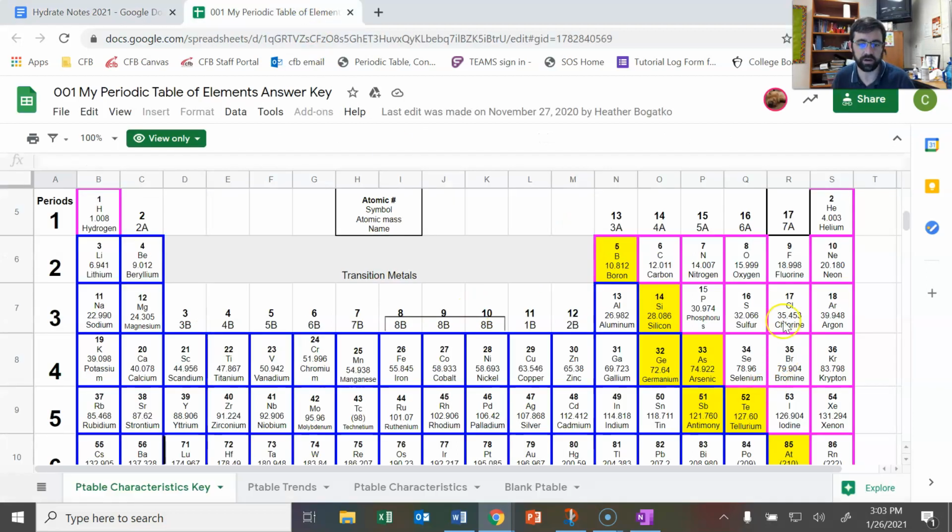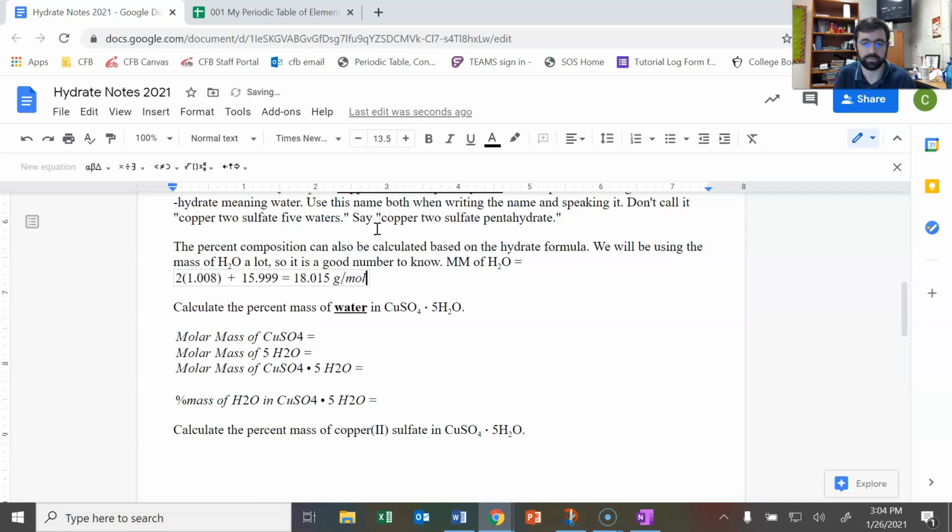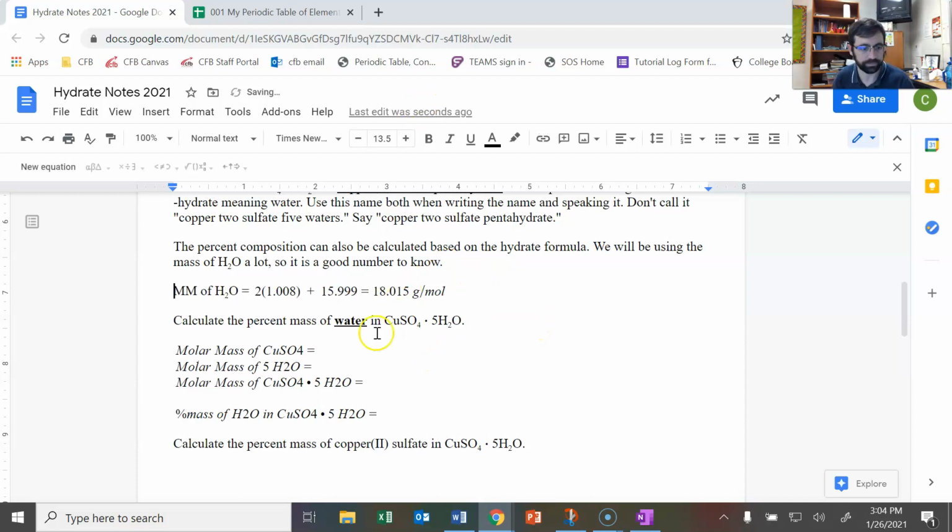Go back over here. It's a good mass to know, 15.999. All right, and add those together. You're going to get 18.015 grams per mole. Okay, so that's our molar mass of water.